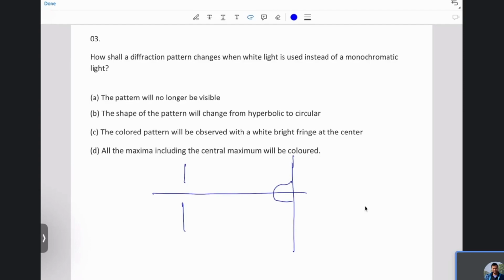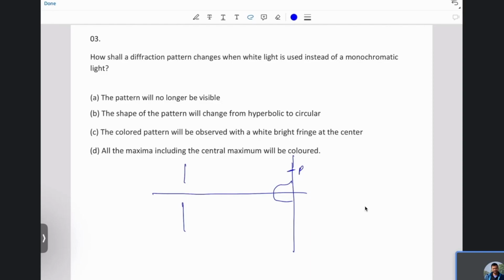So white light consists of many wavelengths. So for each of those wavelengths, the phase difference will be different at, suppose, this position P here.